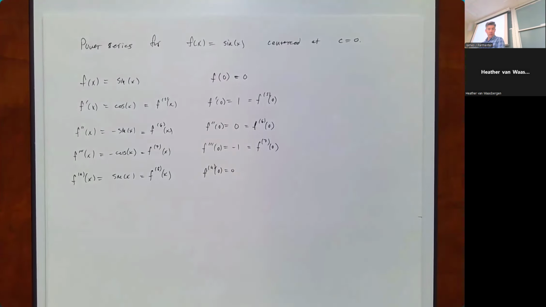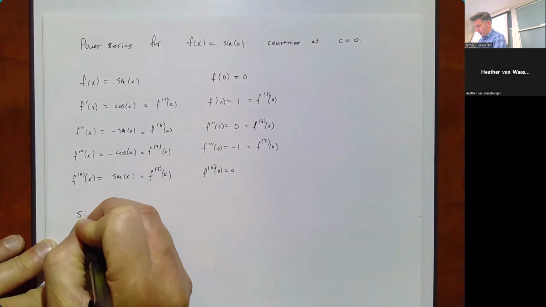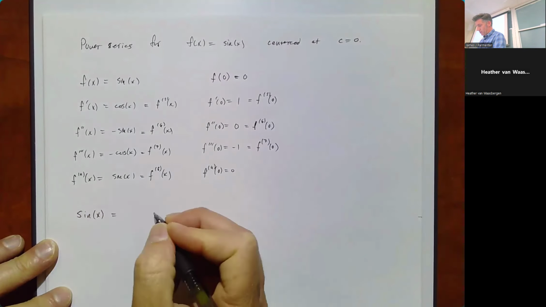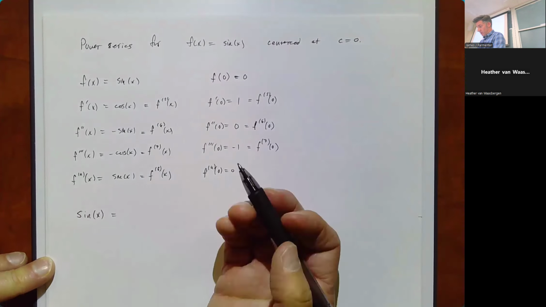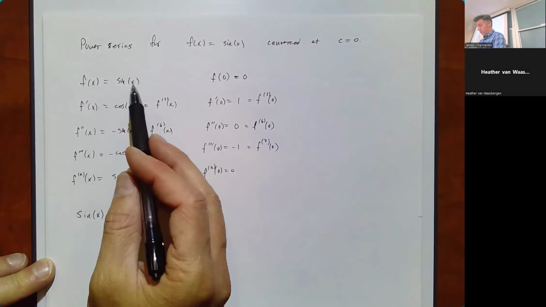So let's write out some terms. I almost always would prefer to write out terms as opposed to just trying to go straight to the generic formula. So I'm going to say that sine of x centered at 0 is equal to, well, my first term is actually 0.